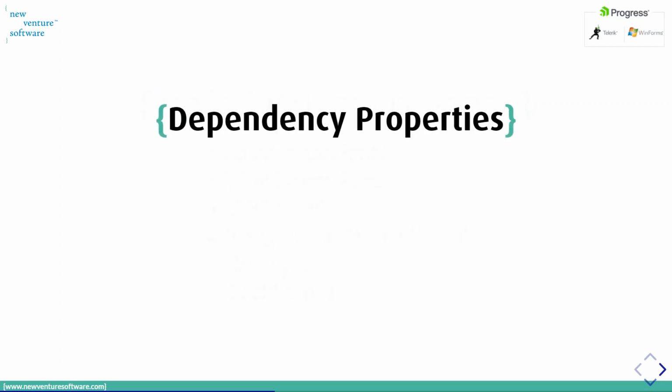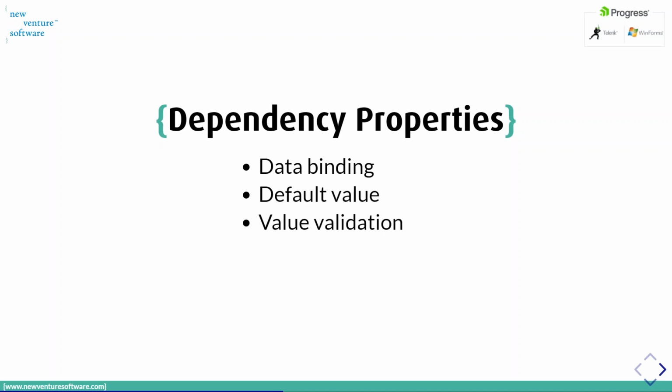All right, let's switch now and talk about dependency properties. So dependency properties are a TPF feature that brings to the table things like data binding, default values, value validation, animation, change monitoring, and the RAD controls support the Telerik Presentation Framework dependency property system.